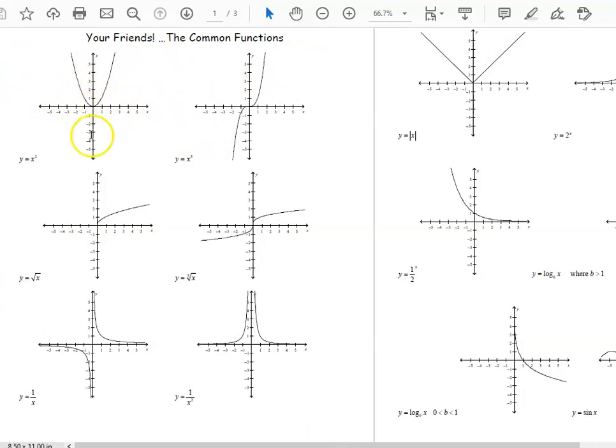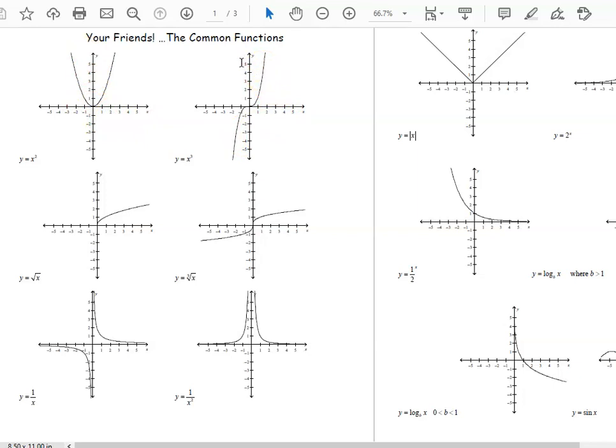These are ones that you should know or eventually know very well. Y equals x squared, so the label for these graphs is the lower left corner here. And if you look at this, what symmetry does it have? Because every point xy has another point negative xy. This has symmetry with respect to the y-axis.